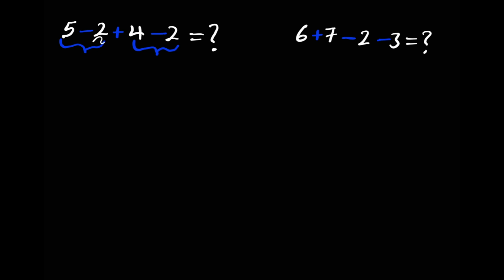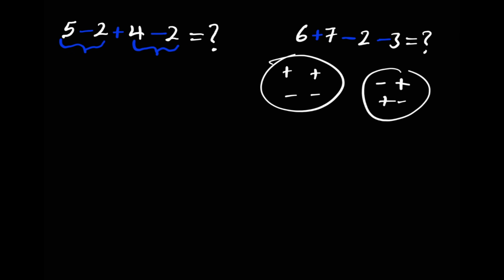Now, which case is this? Can you tell me please which case is this? Is it the case with the same signs where we have a plus plus sign or a minus minus sign? Or is it a case where we have a minus plus or a plus minus sign? Well, let's see. I can see that because this is 5, there is no sign on top of it, okay?